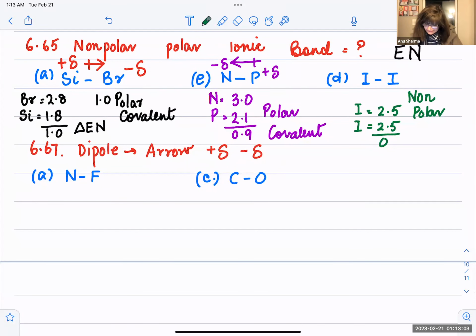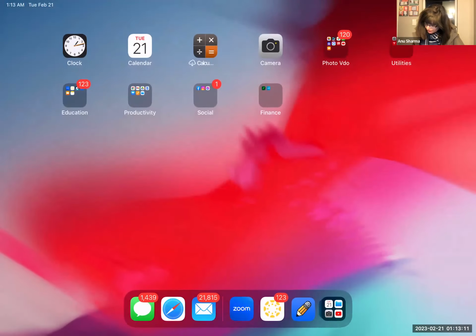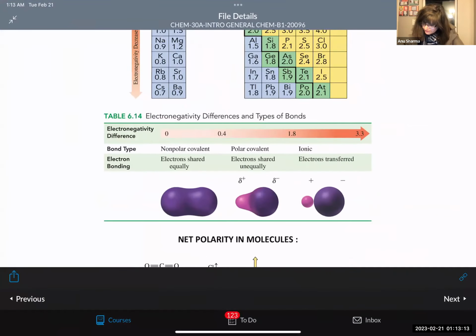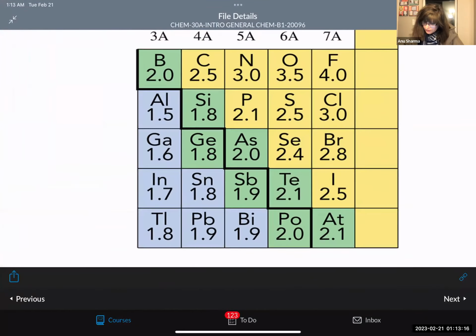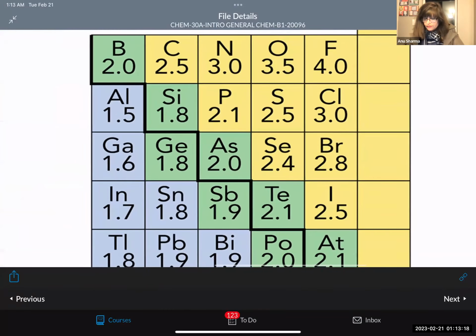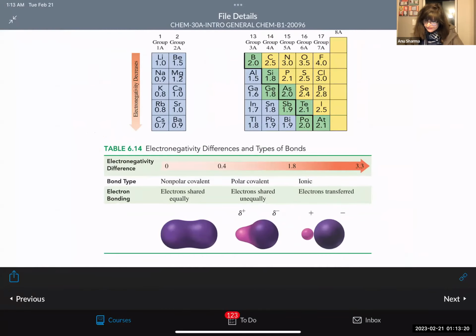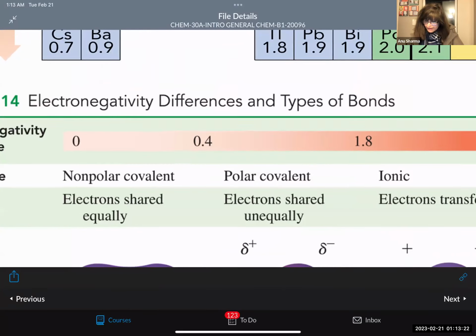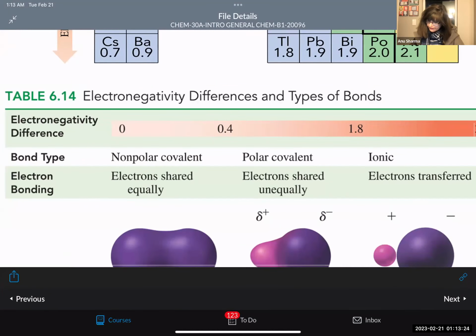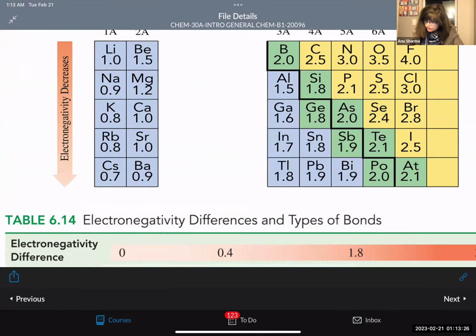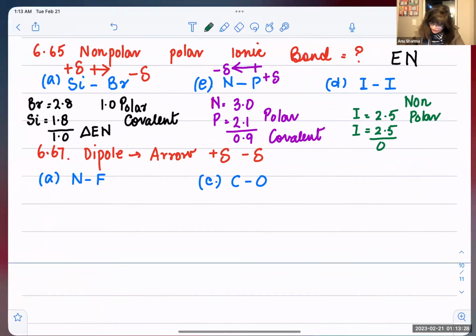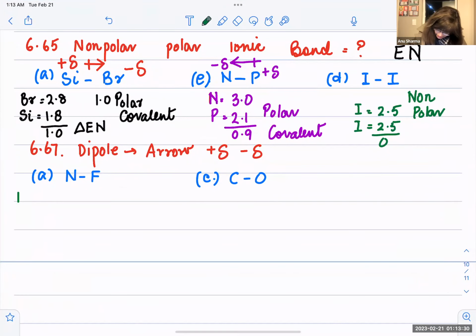Okay, next they're saying again dipole with the arrow and delta. So you have to make these charges again. So here nitrogen and fluorine. Nitrogen is 3.0 and fluorine is 4.0. So the difference in the electronegativity is 1, and that is a polar covalent bond.